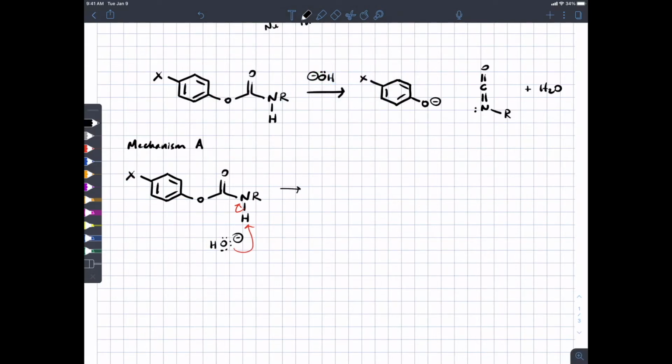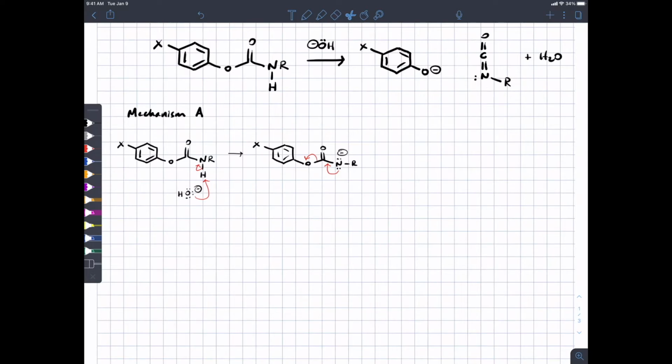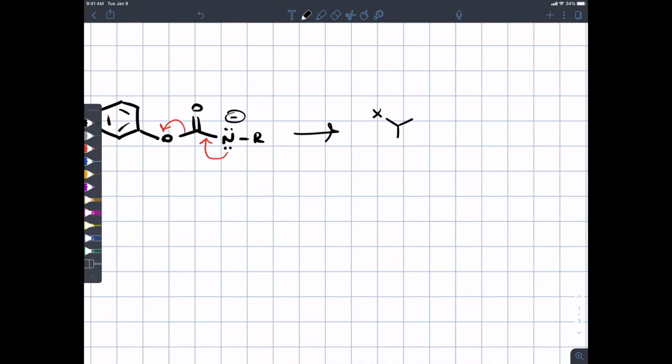The conjugate base now has a negative charge on that nitrogen, and the lone pair from that nitrogen can kick up to the carbonyl carbon and kick off the phenol leaving group to give you the products that I drew above.